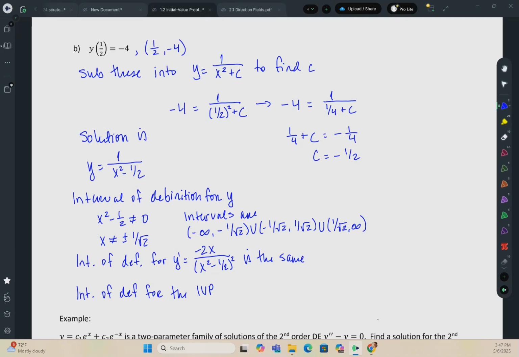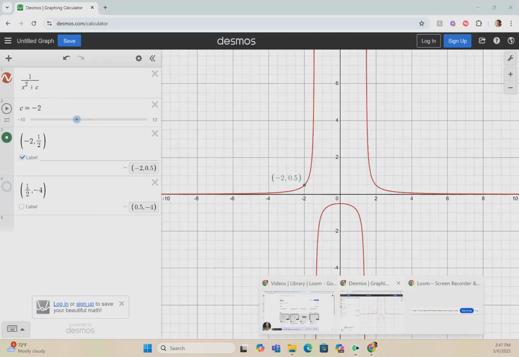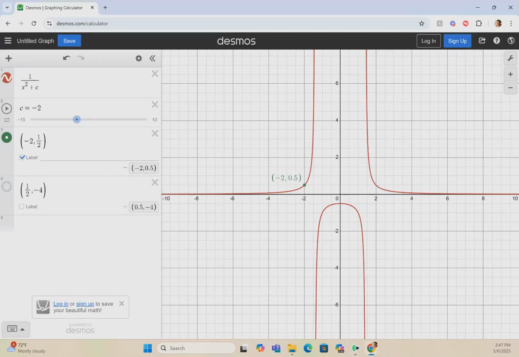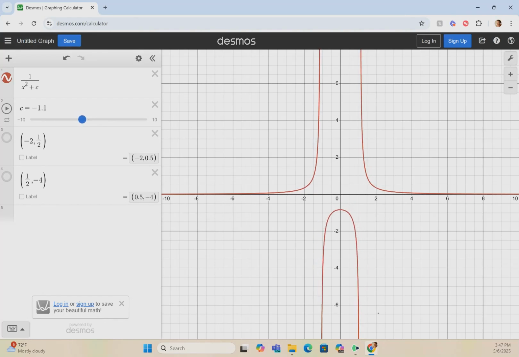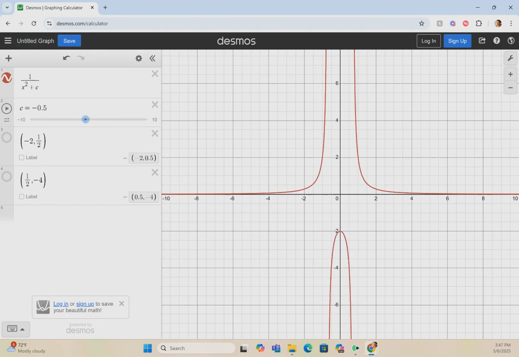So we'll go back to Desmos again, and I'm going to unselect that first initial value, and I need to change my c value. We got c as negative 1/2, so I need to go to negative 0.5. Graph looks very similar, just kind of squeezed in a little bit, shrunk horizontally, but now I have a different initial value.